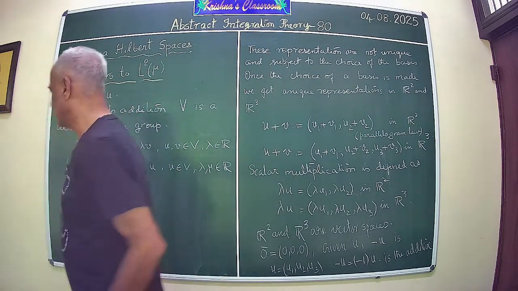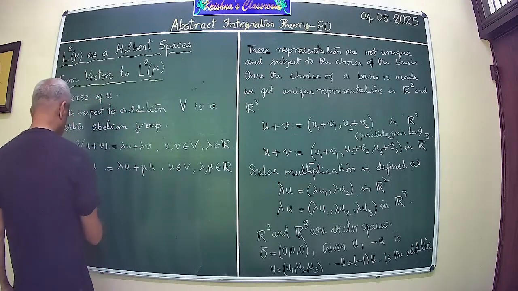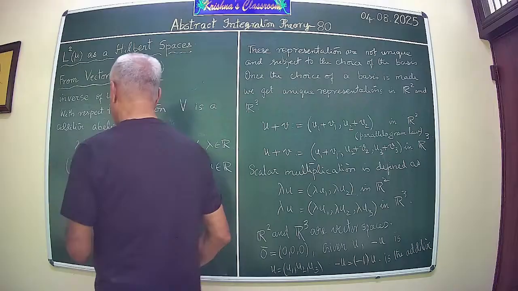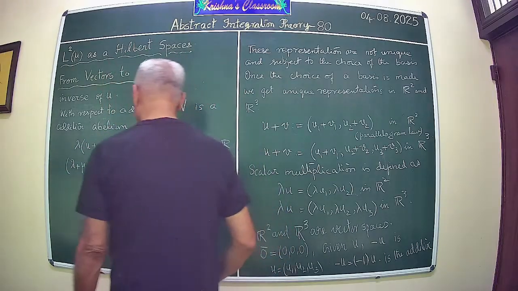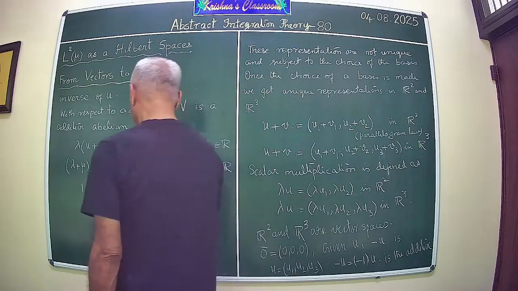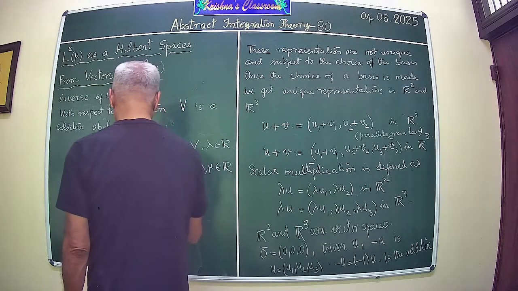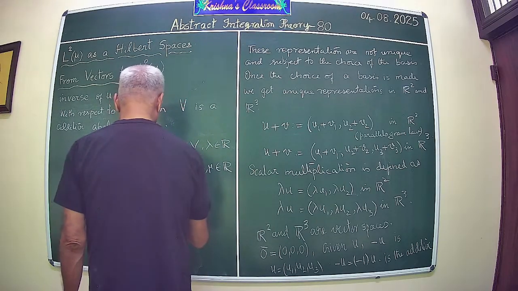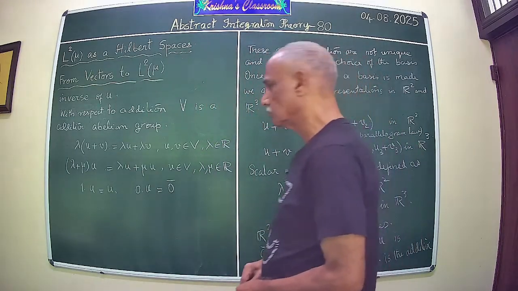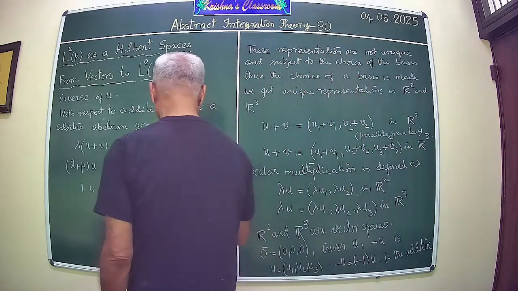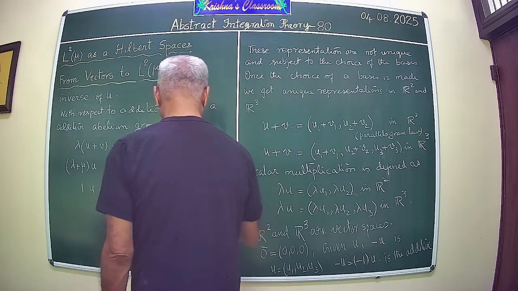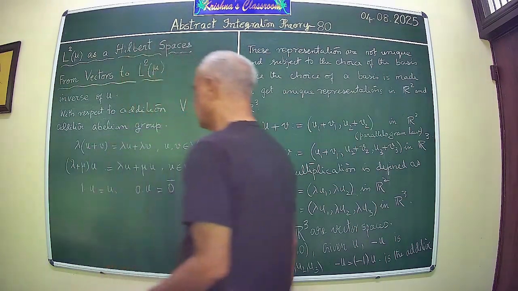Okay. Then you can see that U, then you have 0 into 0 is a scalar. This is the 0 vector. Okay. So these are the properties that you get.